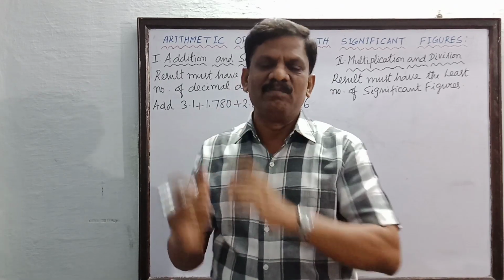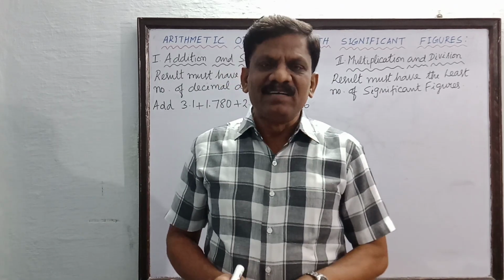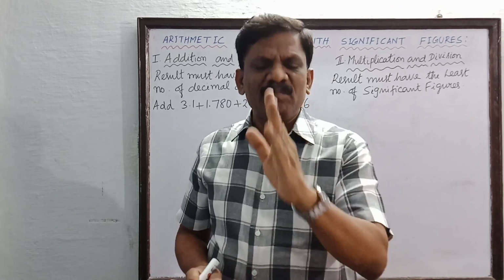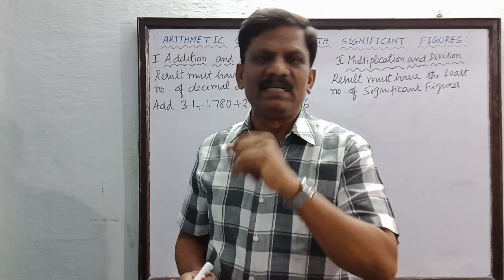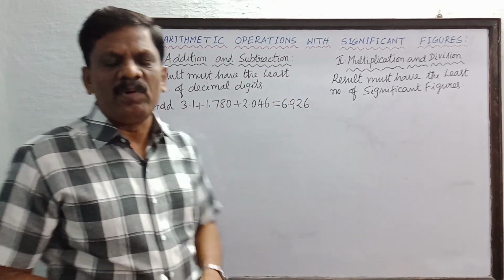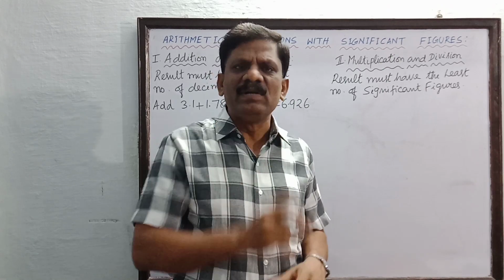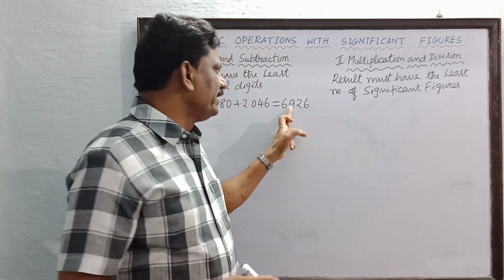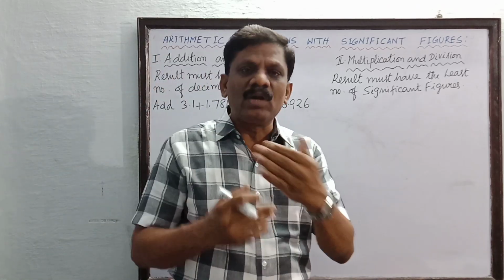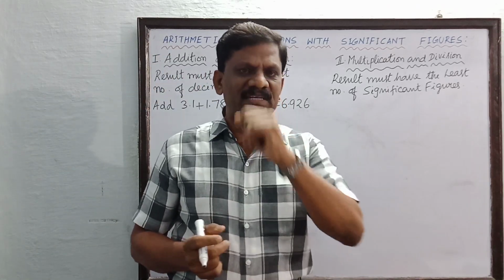That many decimal digits only are permitted in the result. So out of the 3 given numbers, 3.1 is having only one decimal digit, but here there are 3 decimal digits, 926. We have to round it off to only one decimal digit.